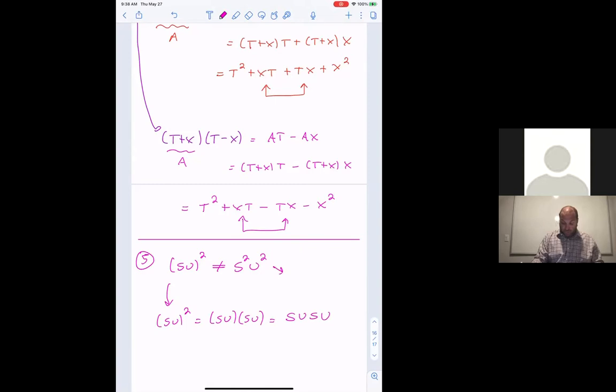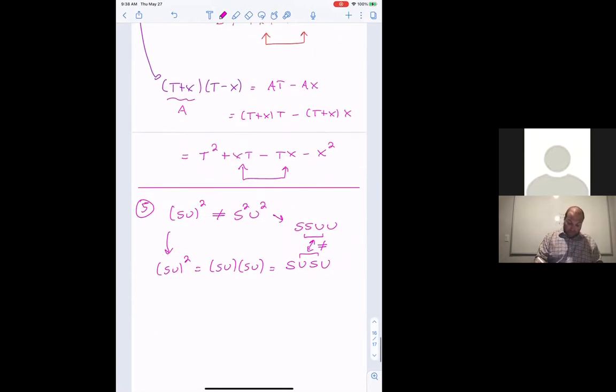Whereas S squared U squared is SSUU. And the inner two, US and SU, are not necessarily equal to each other. So we don't necessarily get the same thing. This all stems from the non-commutativity of matrix multiplication.